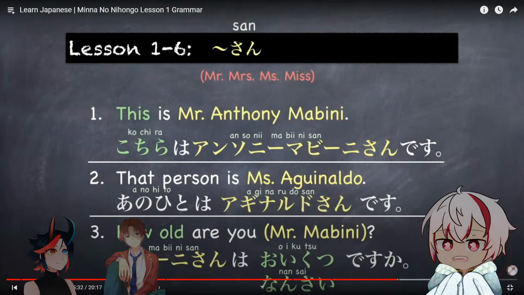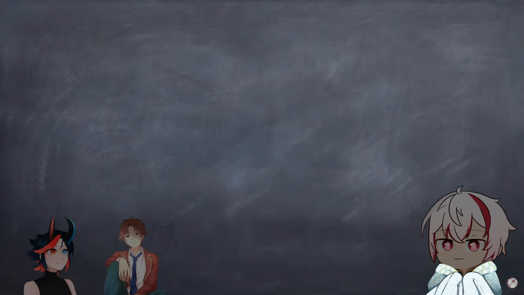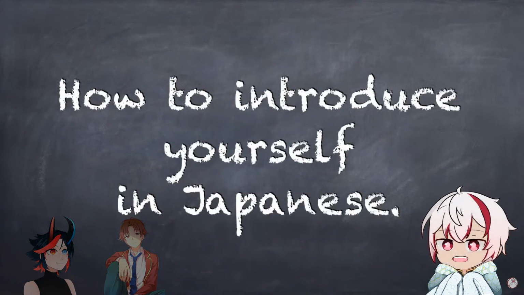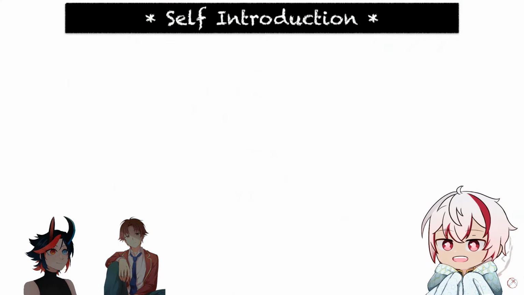Use san, whether it's the first name or the last name. Okay, so how do you introduce yourself in Japanese? If you went over to our vocabulary list, you would encounter these words. Hajimemashite. Self-introduction.